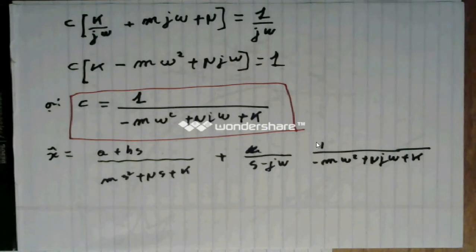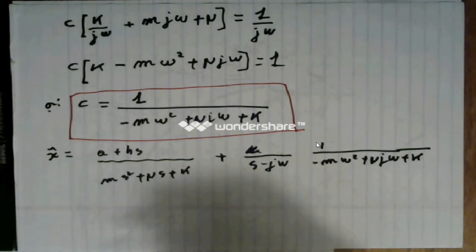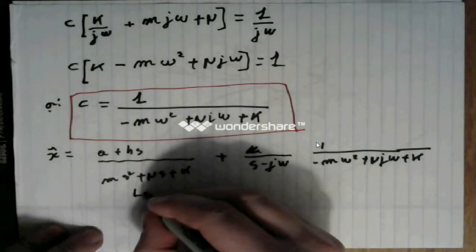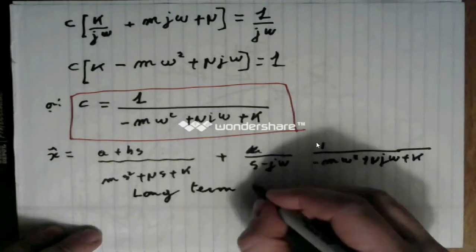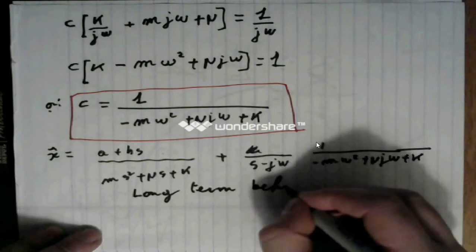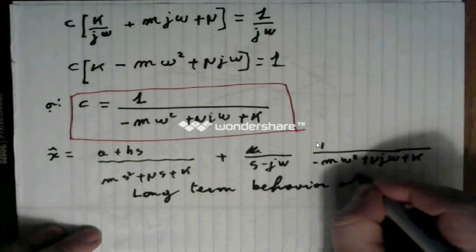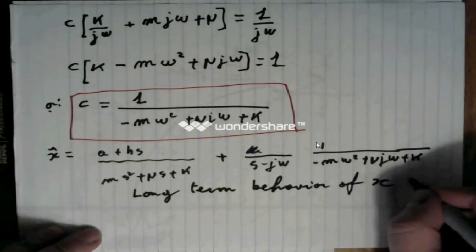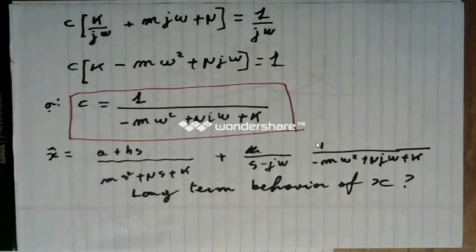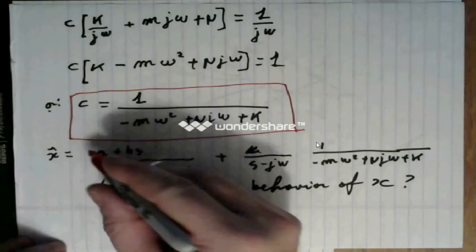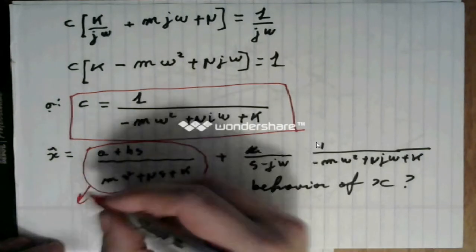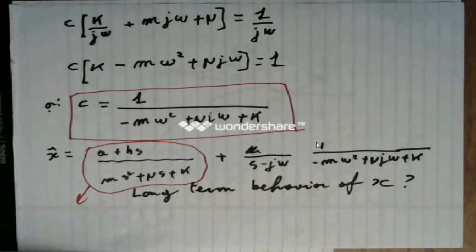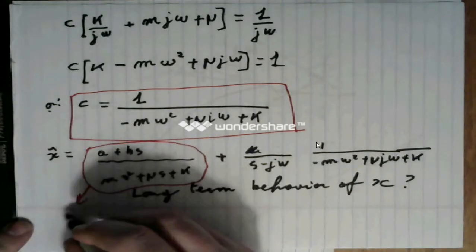Okay? So let's look at the long-term behavior of x. This term can be quickly studied by using the final value theorem.